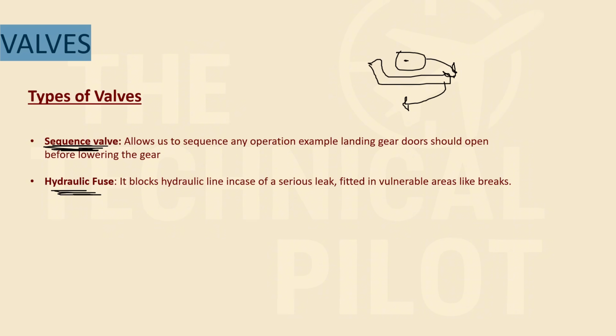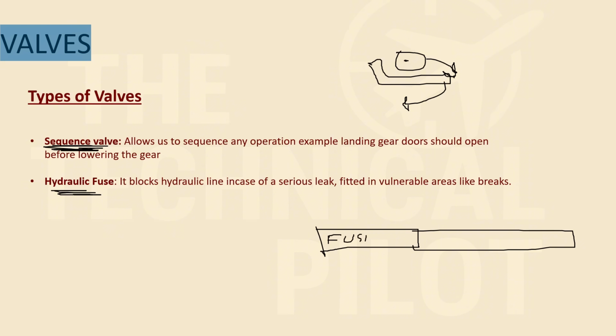Hydraulic fuse, what it does, it acts like a bandage. So, for example, you have a particular pipeline over here. This is your fuse. So this pipeline will continue like this, it will go somewhere. If, for example, the fluid is entering from here, it is moving like this, and there happens to be a leak.